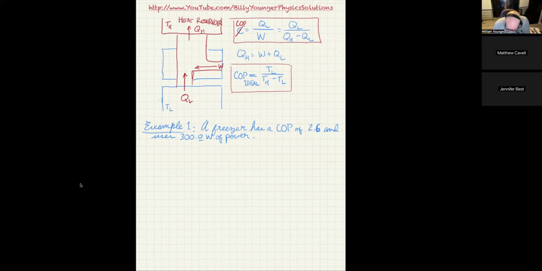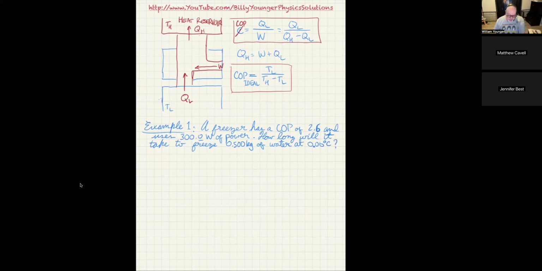What we would like to know is how long will it take to freeze 0.500 kilograms of water at 0.00 degrees Celsius.